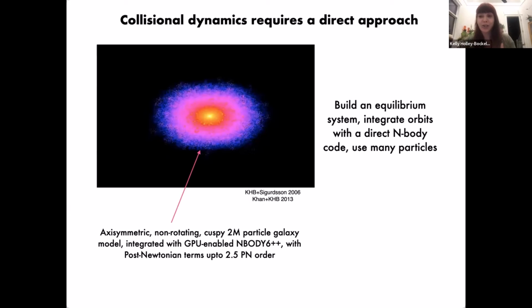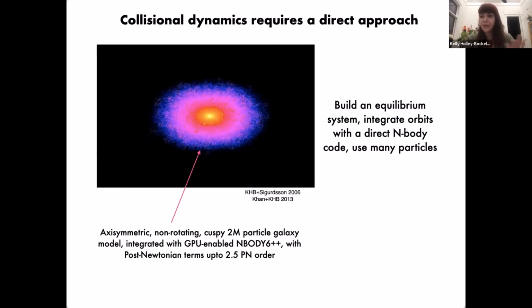And I can talk to you about how taking shortcuts can lead you to a misleading answer. So I could talk a lot about that, but maybe I won't, because I just want to tell you what we got. Nonetheless, what we did was we built a model of the galaxies that were less perfectly symmetric.